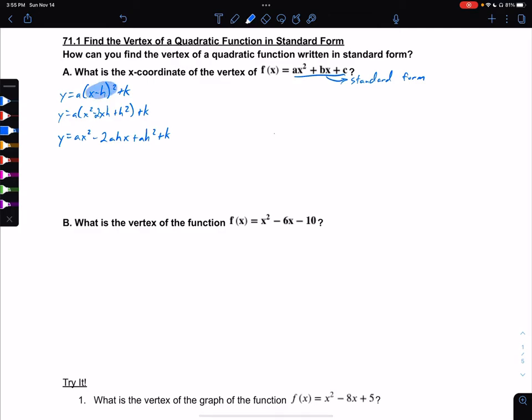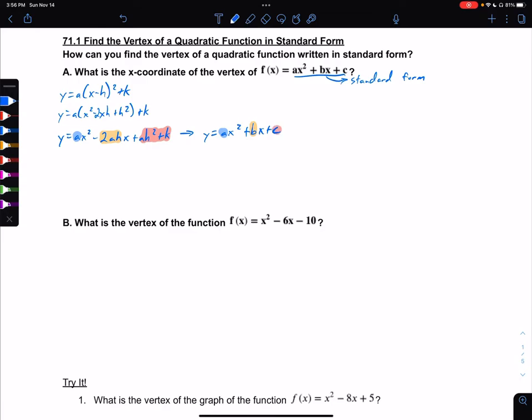So from here, this is the equivalent of ax squared plus bx plus c. This a value represents a, that's not being changed. This negative 2ah is our b value. And this ah squared plus k, this whole piece, is the c value.